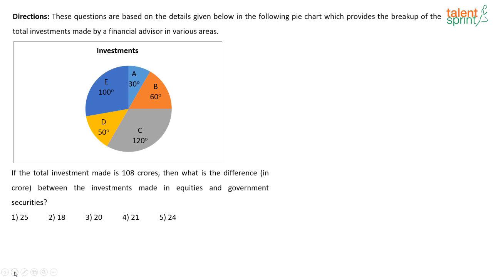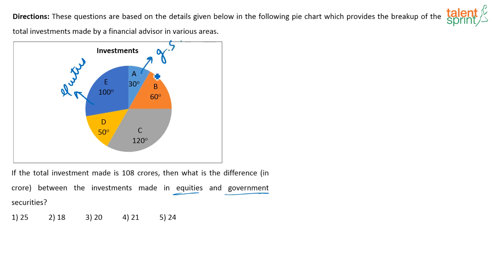If the total investment made was 108 crores, then what is the difference between the investment made in equities and government securities? Very, very easy question again. So this was equities and this was government securities.